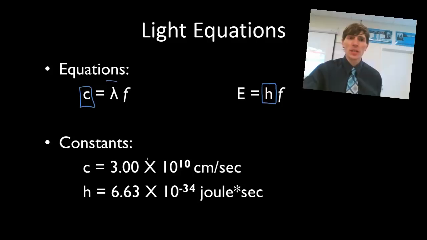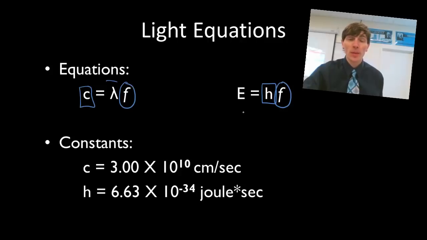So c is going to be the speed of light, 3 times 10 to the 10th centimeters per second, or 3 times 10 to the 8th meters per second. And then h is Planck's constant, which is 6.63 times 10 to the negative 34th joules times seconds, not joules per second.